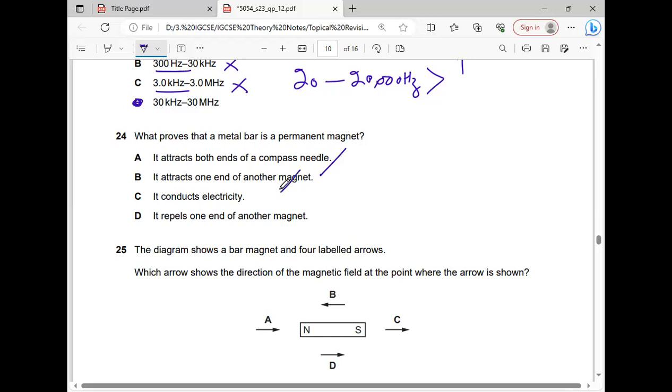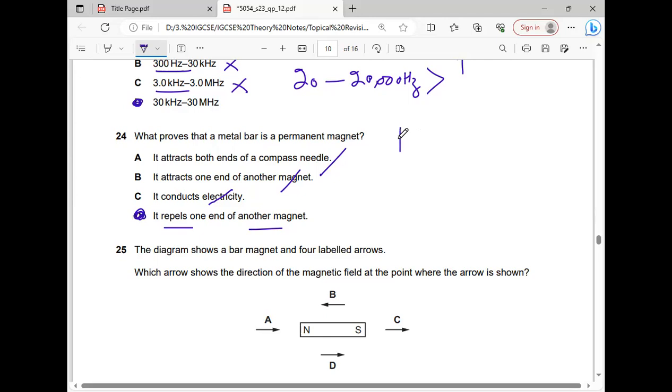Note, always if there is another magnet, it will attract from one side and repel from the other side. It conducts electricity. It is totally irrelevant regarding the permanent magnet. It repels one end of another magnet, yes. Only repulsion is the sure test to check magnetism.